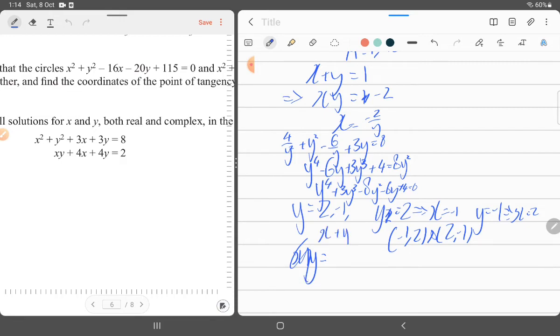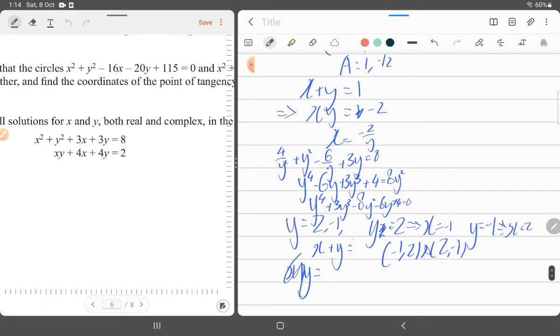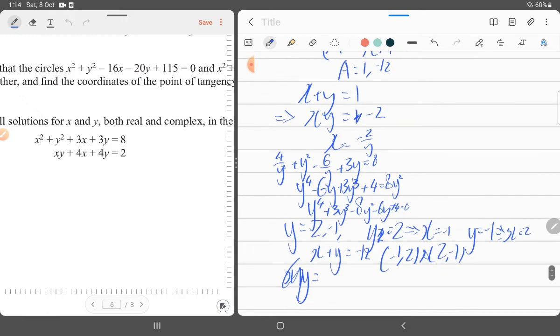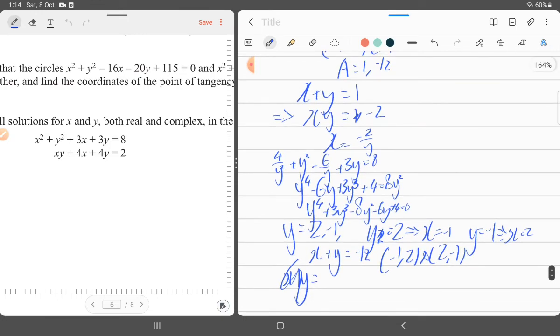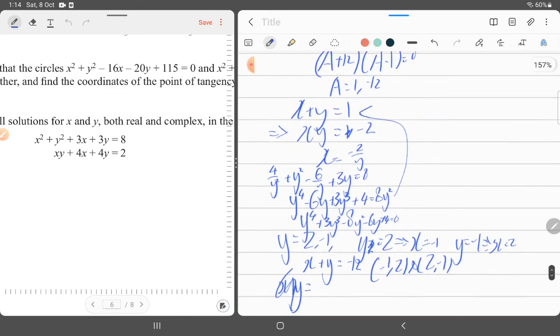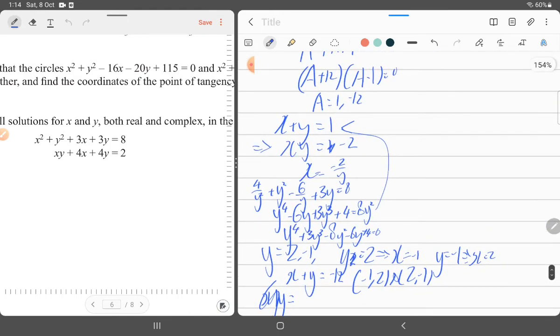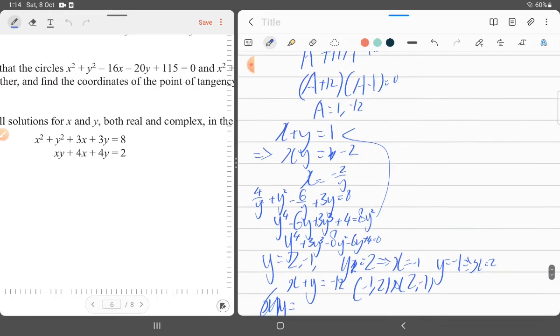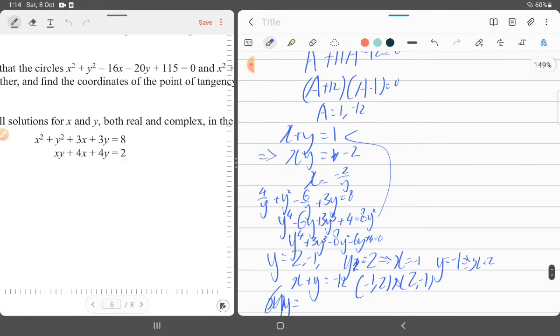x plus y is equal to negative 12. Actually, I could have just plugged it in here. Right, actually, no. Wait, oh, wait.